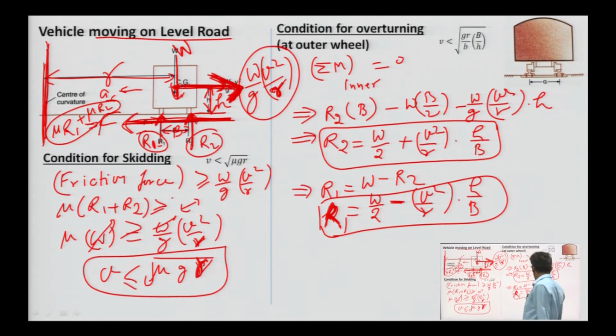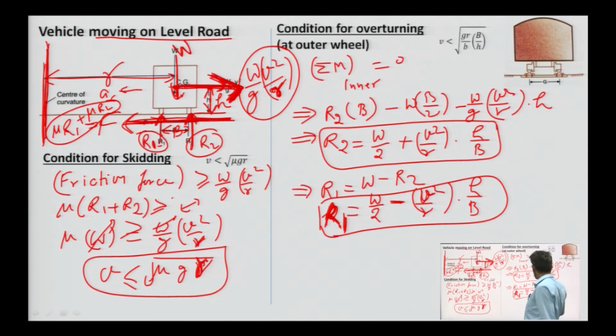It is dependent upon V, the speed. All other parameters are constant: W is constant, R is constant, H is constant, B is constant. Only R1, the reaction at the inner wheel, is dependent upon the velocity component.